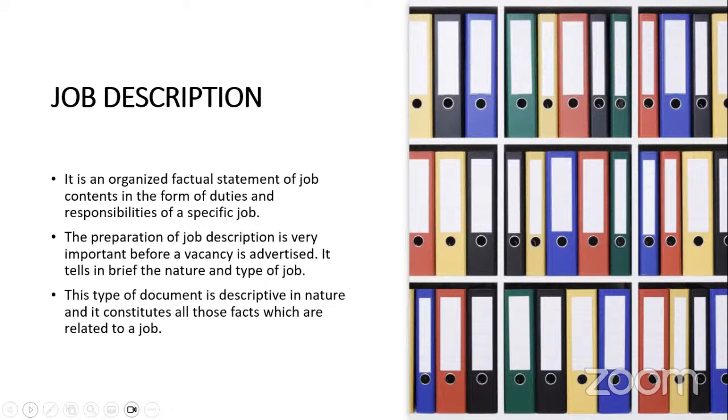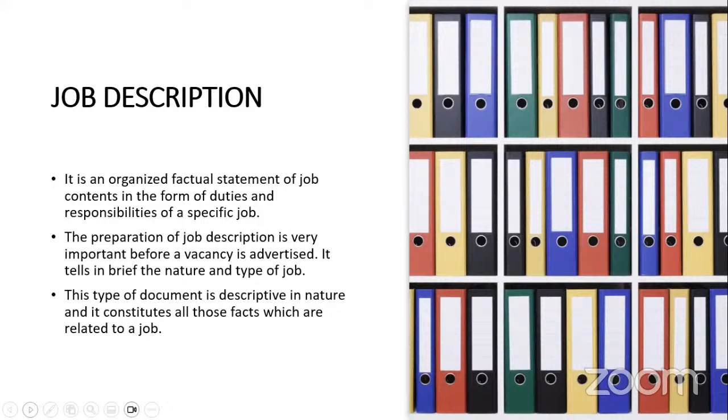All right, I had an experience with one of my friends long time ago. He applied to a particular organization, and it was so funny that there was no particular job description. They told him to submit his CV, that they would check his ability and competency. So these are the things that we need to look out for first before we advertise that there's a vacancy in a particular organization.